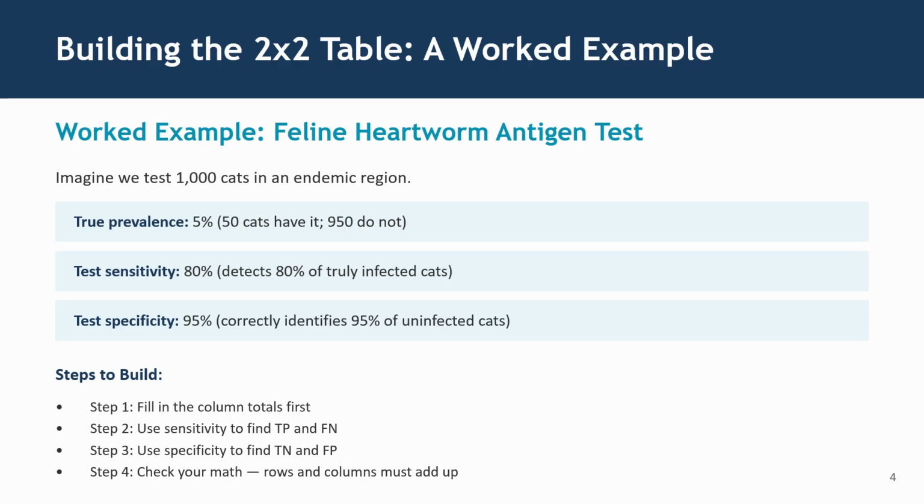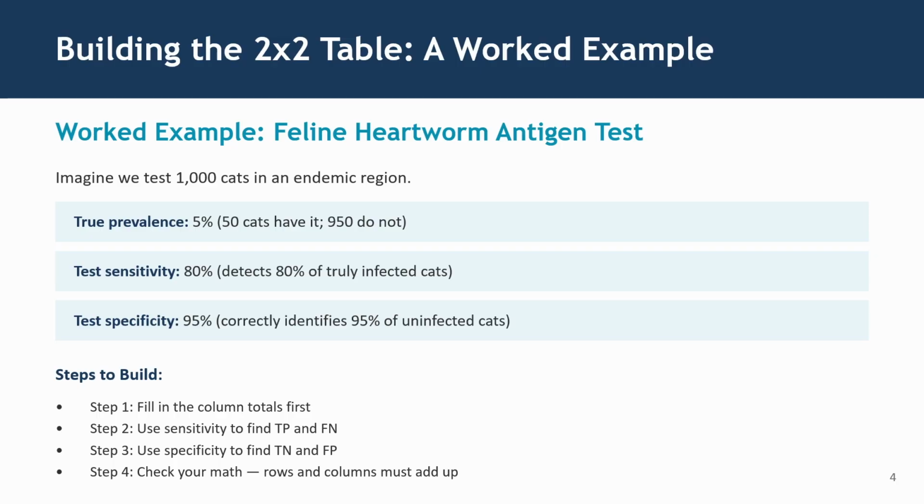Our antigen test has a sensitivity of 80% and a specificity of 95%. We'll define those terms fully in the next talk. For now, just know that sensitivity tells us how often the test correctly identifies a sick animal, and specificity tells us how often it correctly identifies a healthy one.